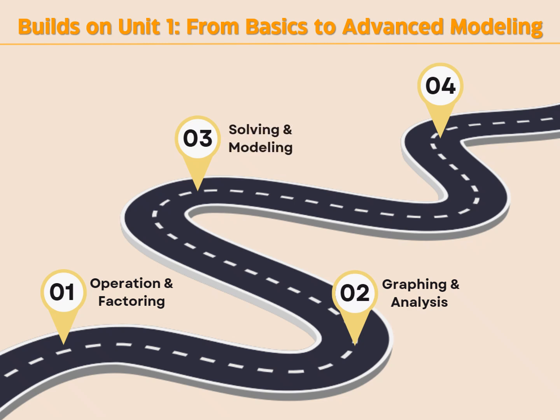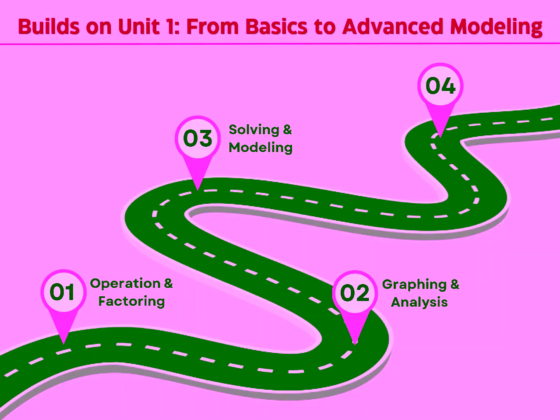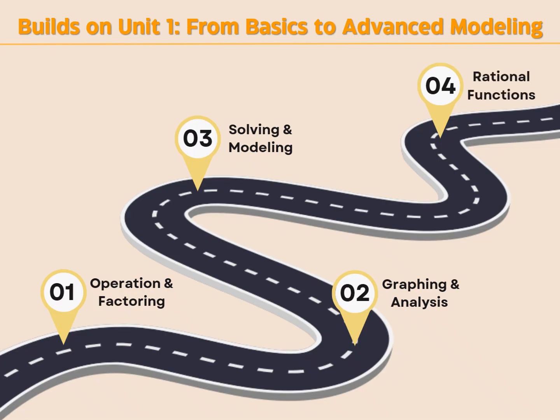Next up, number 3, solving equations with factoring, the quadratic formula, and even regression for real data models. I'm not sure if we're going to go as deep as regression, but let's see. And don't forget inequalities, using sign charts to solve things like (x minus 2)(x plus 3) is greater than 0. And finally, we wrap with number 4, rational functions.